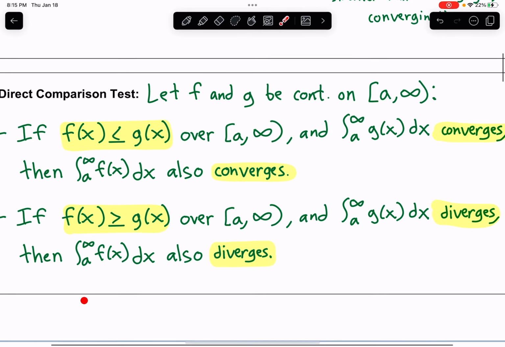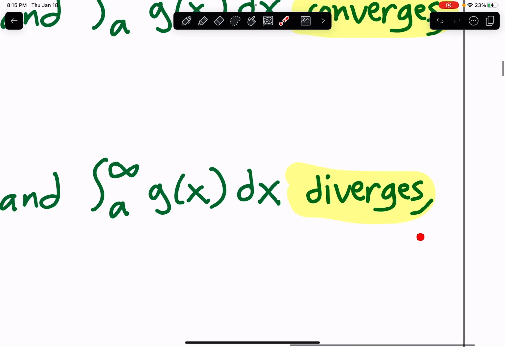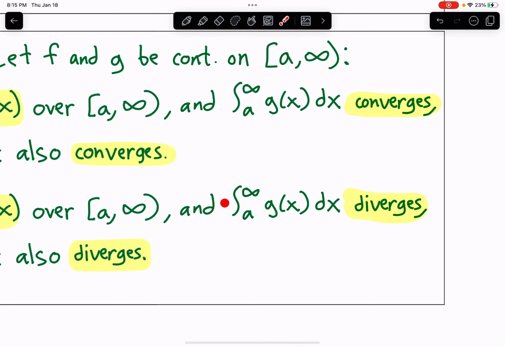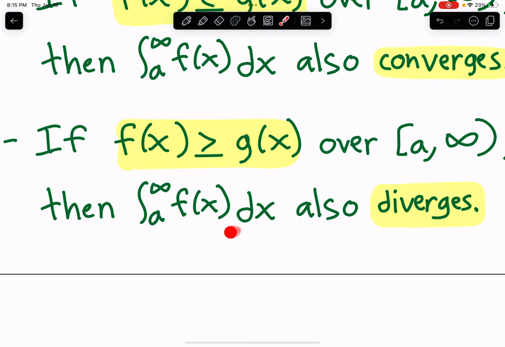Speaking of diverge, let's flip it around. If f of x is larger than g of x, or equal to in some spots, maybe all the way through, but then that would be kind of trivial because the functions would be the same. If f is larger than g on the interval a to infinity, and I know that g diverges on that interval, then I know the integral of f on that same interval is also going to diverge.